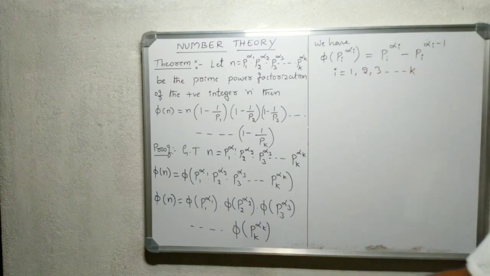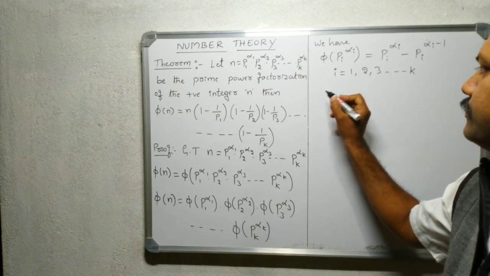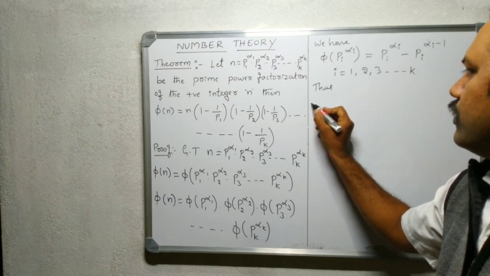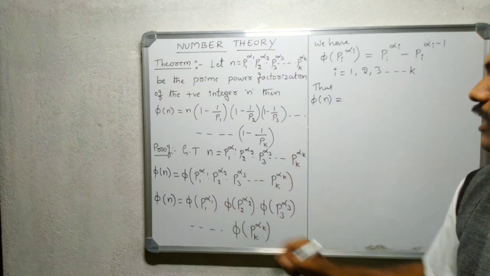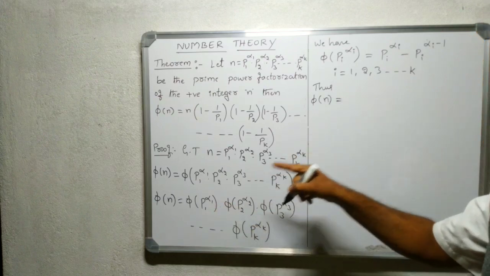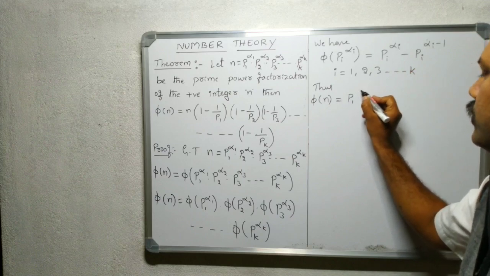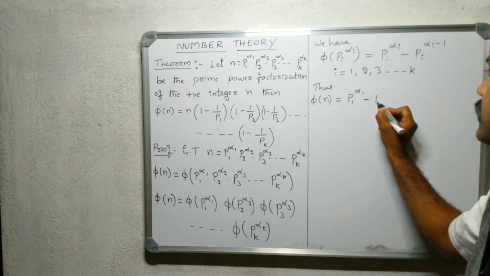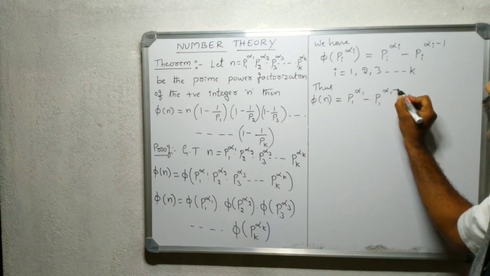Using this result, this phi of p1 to the power of alpha 1 can be written as, thus phi of n is equal to phi of p1 to the power of alpha 1 can be written as p1 to the power of alpha 1 minus p1 to the power of alpha 1 minus 1.